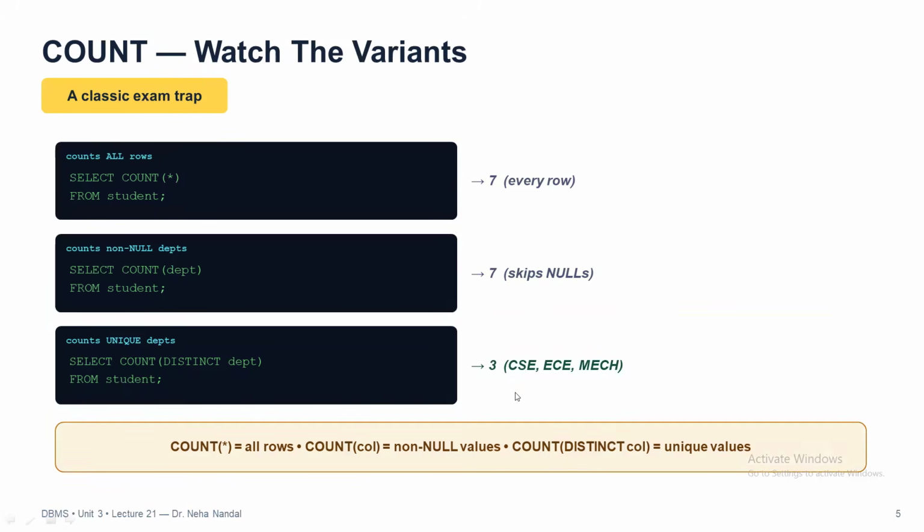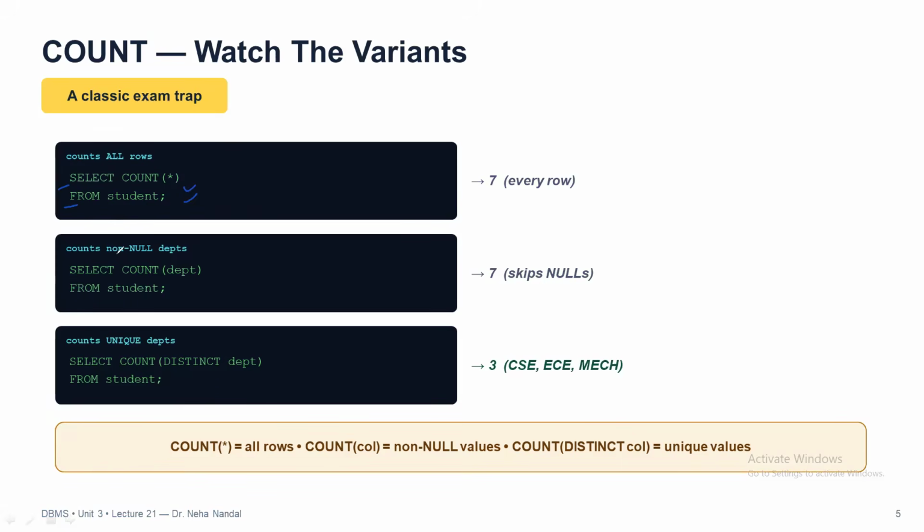So the first one is count. The question is to count all the rows available. How to write that? Select count star from student. That is our syntax, and it will give us the total number of rows available.